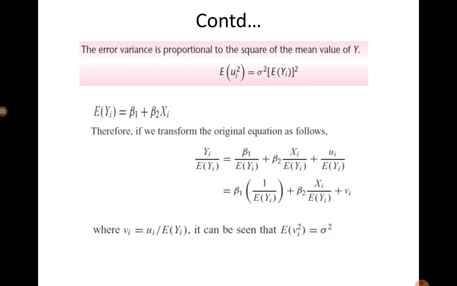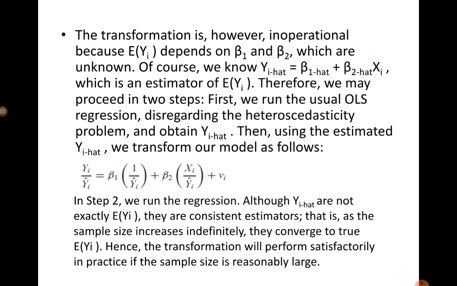But the problem is that we do not really know the population beta 1 and beta 2. These are unknown. So what you can do is, step 1, run the original OLS regression as yi hat is equal to beta 1 hat plus beta 2 hat xi plus ui, and arrive at values of beta 1 hat and beta 2 hat, and then calculate yi hat. Remember, we always say that the best estimator of expectation of yi is the estimated yi hat value.